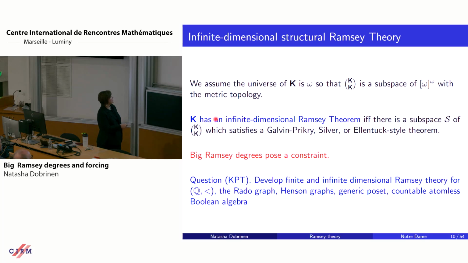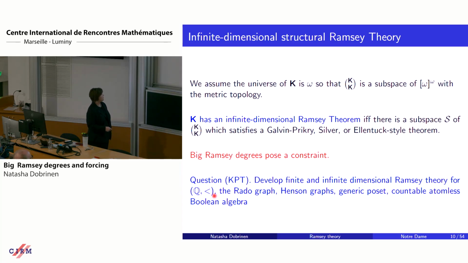So also in this KPT paper, they specifically asked to develop finite and infinite dimensional Ramsey theory for the rationals, the Rado graph, Henson graphs, generic posets, countable atomless Boolean algebra, and maybe one more.